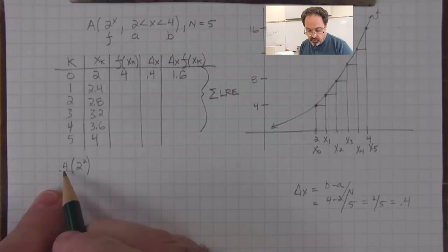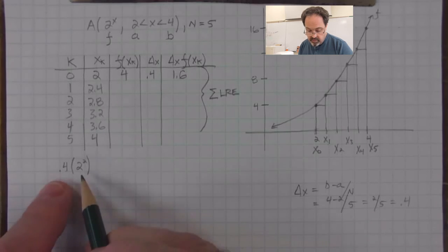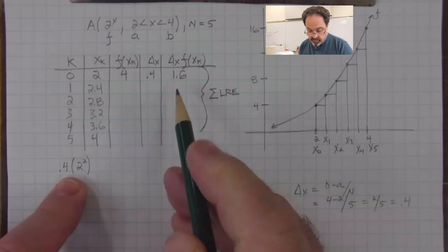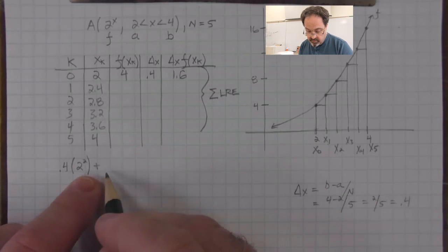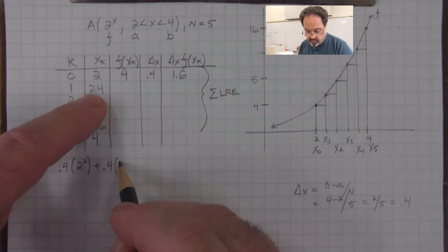And this expression, 0.4 times 2 squared, is the base and height that produces that first area. I'm going to continue. The second rectangle is the same base of 0.4 times the value of the function found by putting 2.4 into the function, or 2 to the 2.4.